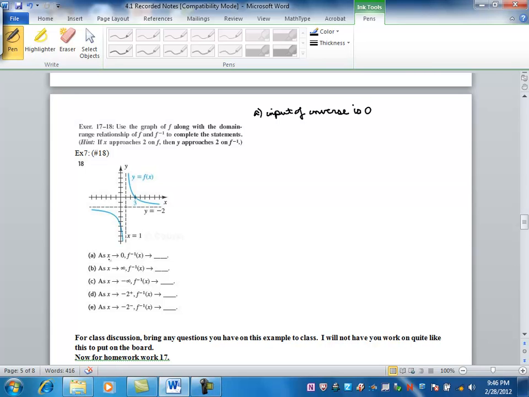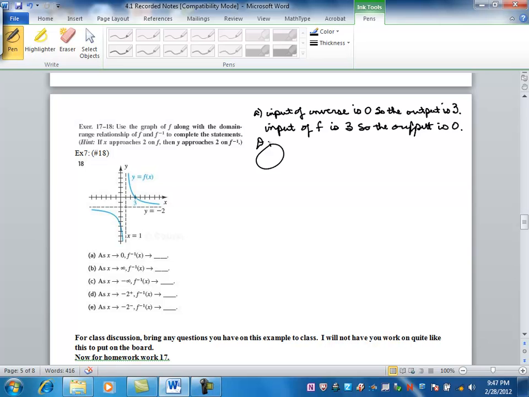Because here it's saying as x approaches 0, f inverse of x, the input of the inverse is 0, so the output is 3. And the reason for this is because the input of f is 3, so the output is 0.